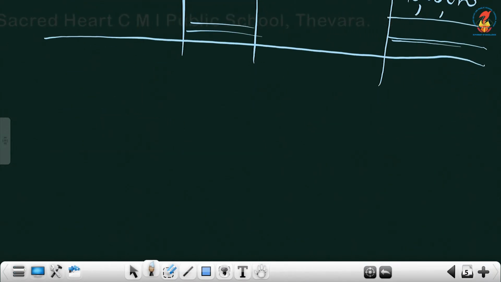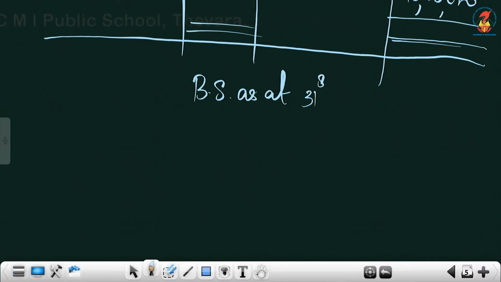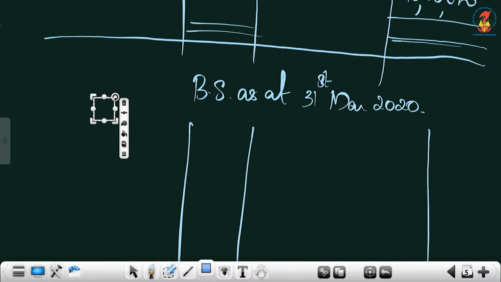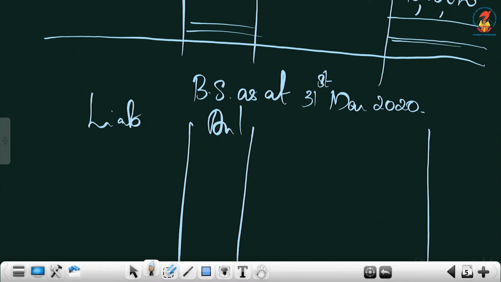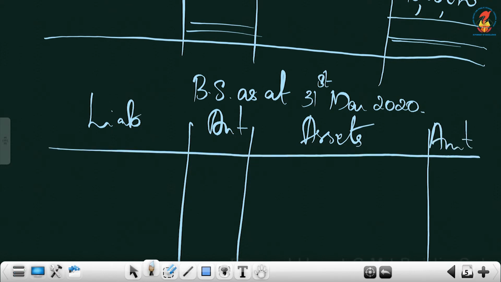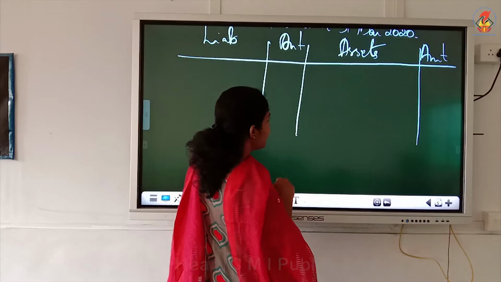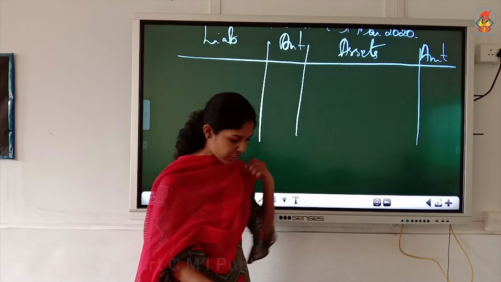Now, we will start the closing balance sheet.